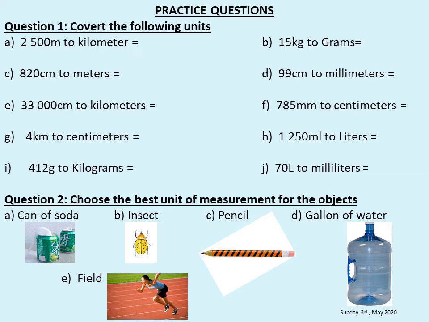Then you go to B, 15 kilogram equal to, then you write your answer in grams. C, 820 centimeter equal to, you write your answer in meters. That's how you're going to answer all 10 questions in question 1.